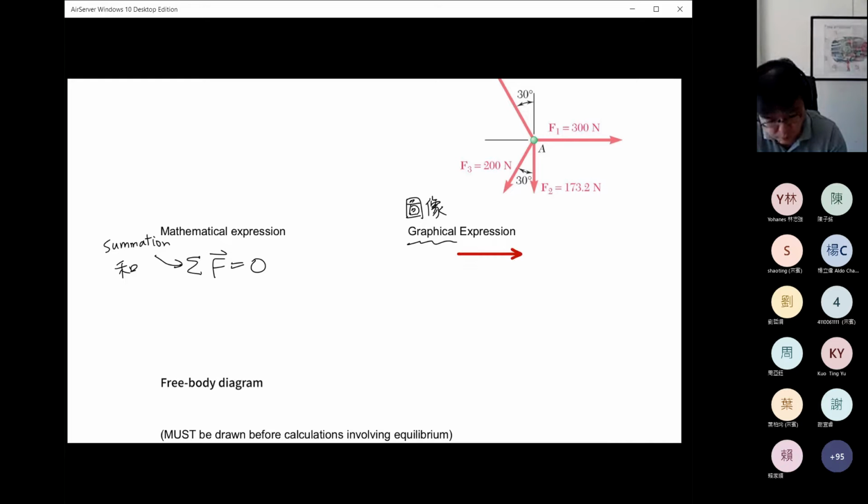There's F1, and then we have F2, and then we have F3, and then we have F4.